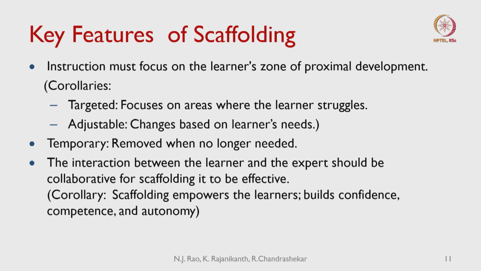This is very important again. That is, a corollary is that it is not like wisdom is simply imparted and it is received by the learner. It is more collaborative. So, the corollary of this is that scaffolding empowers the learners, builds confidence, competence and autonomy. So, the scaffolding's role is to make the learner autonomous.